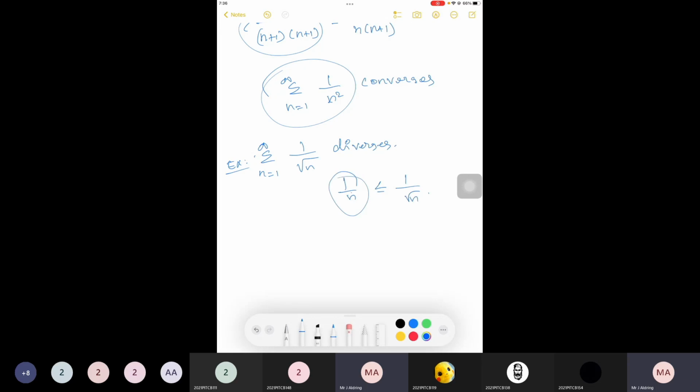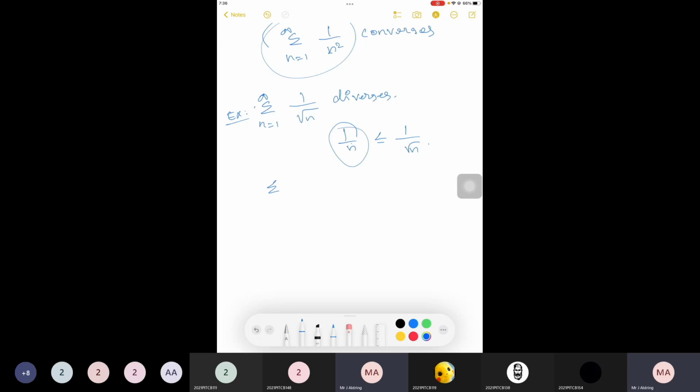The third example is 1 by n factorial. Summation n equal to 1 to infinity of 1 by n factorial converges, because n square is less than n factorial. Whatever real number you substitute for n, you will get n square less than or equal to n factorial, for all n greater than or equal to 4.